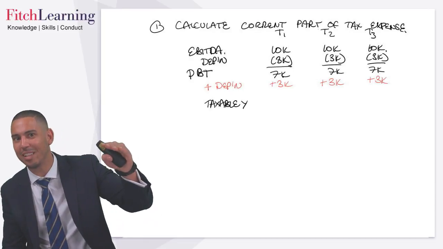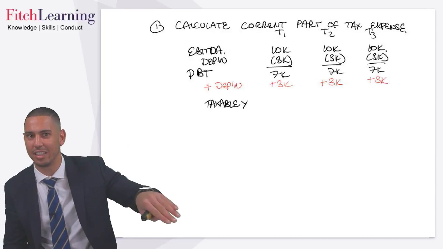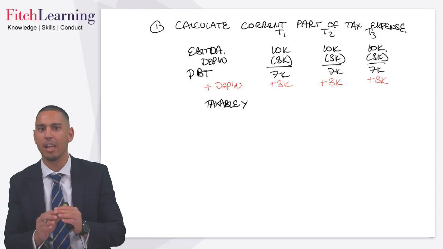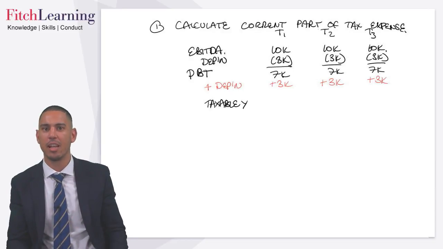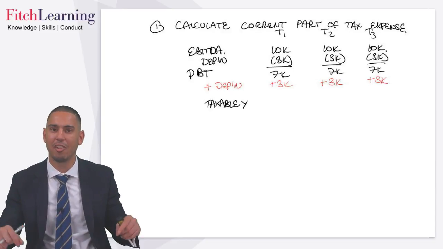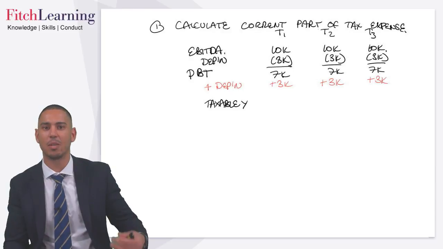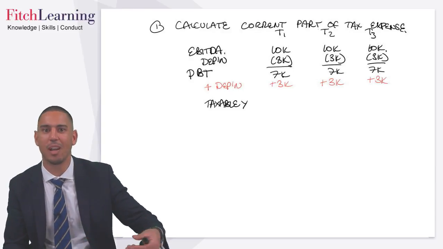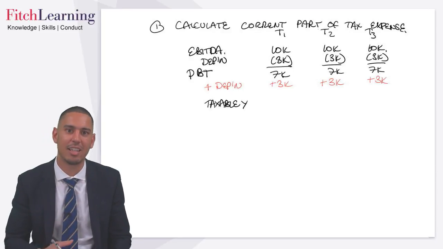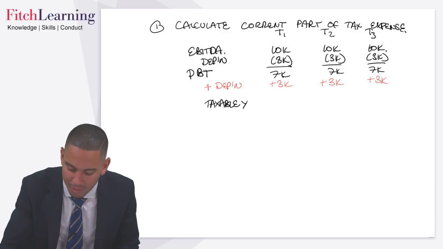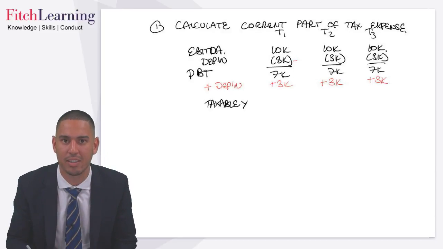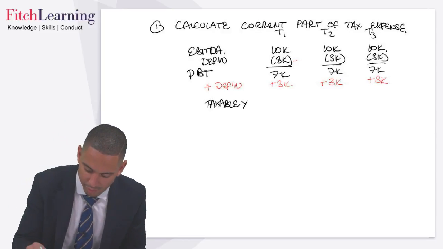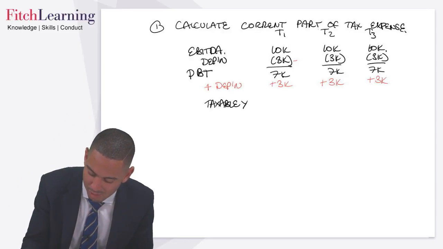I've taken an EBITDA figure, stripped out depreciation to get to a profit before tax, just so you can see it. And then I'm saying, well, that profit before tax of 7K per year has a depreciation charge, which is nothing to do with my tax charge. In which case I need to add it back to strip out this negative impact that it's had. Fine, massive overkill, but it's worth seeing that in action.